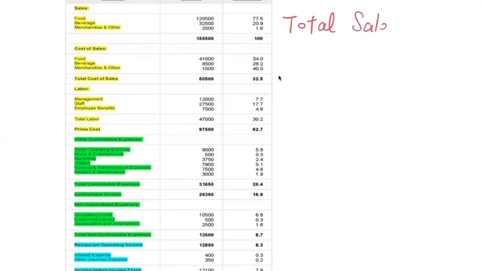In this chart, we need to add prime cost, total controllable expenses, total non-controllable expenses, and the restaurant operating income. So we need to add four numbers.